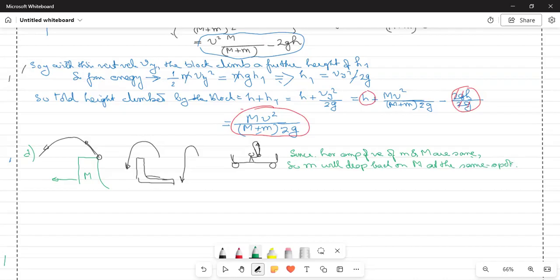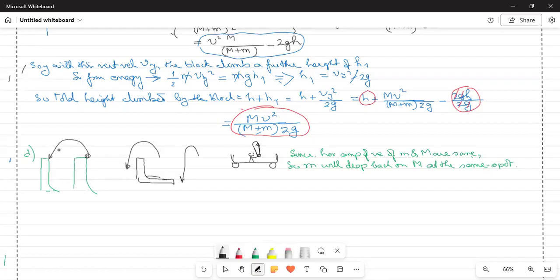That means the picture will be like this. I shall draw the picture once again. Say this is the bigger block, and the bigger block moves back here with its velocity, and the smaller block will fly and come back to the same spot again because they have the same horizontal component of velocity.